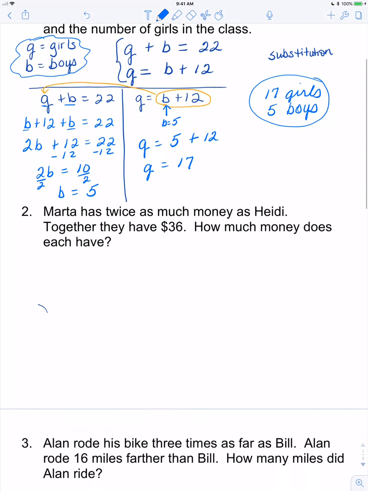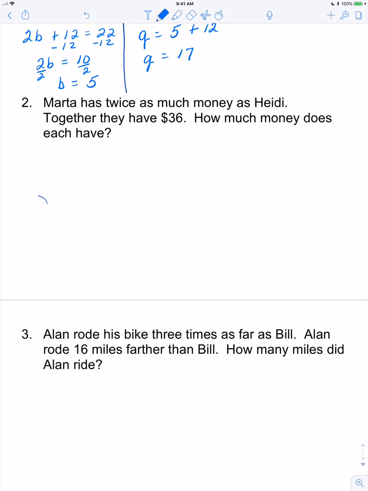Marta has twice as much money as Heidi. Together, they have $36. How much money does each have? Again, you're going to notice this trend that usually the two things added together is one of the equations. Not always, but a lot of the times it is. So together, they have $36. What's going to be our two variables?